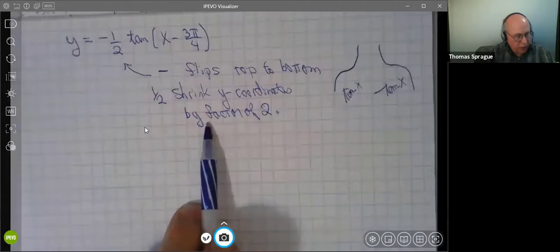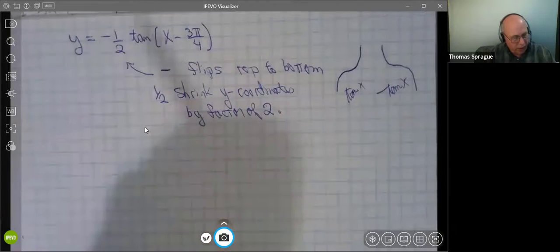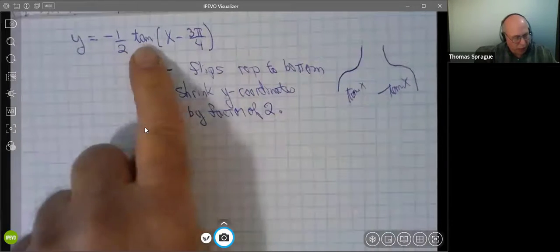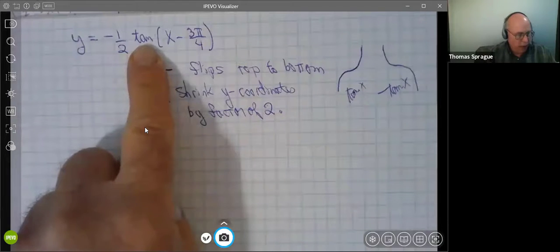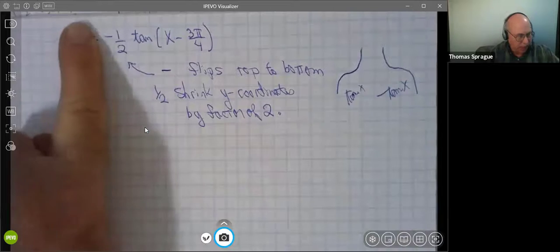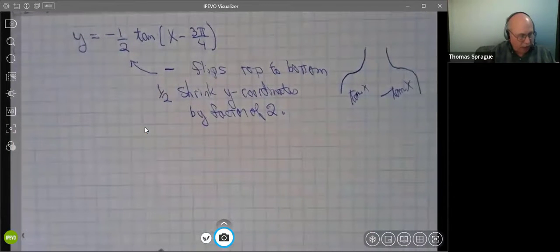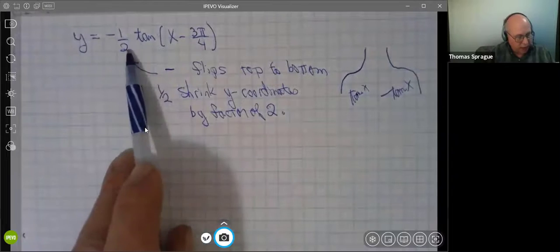So in other words, if some point without this would have given me a y coordinate of say 1, that would reduce it to 1/2. You divide it by 2, and then that would make it minus 1/2. Flip it around to the mirror image on the other side of the x-axis.